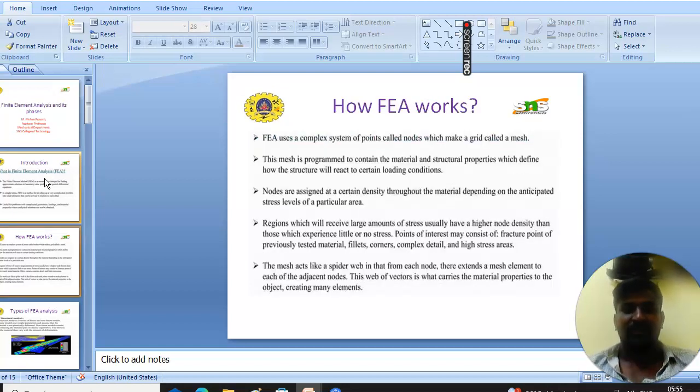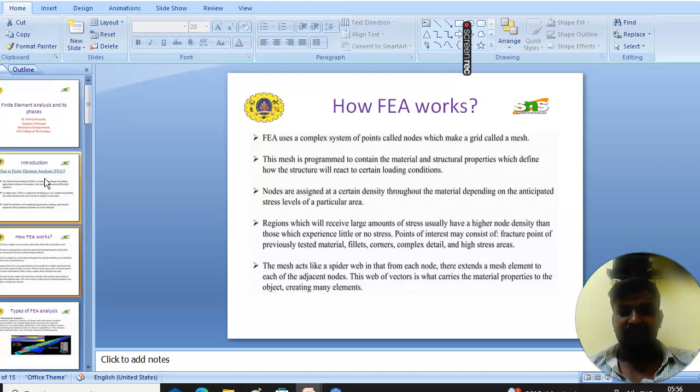How does FEA work? FEA uses a complex system of points called nodes, which make a grid called a mesh. The mesh is programmed to contain material and structural properties which define how the structure will react to certain loading conditions. Nodes are assigned at a certain density throughout the material depending on the anticipated stress levels of a particular area.